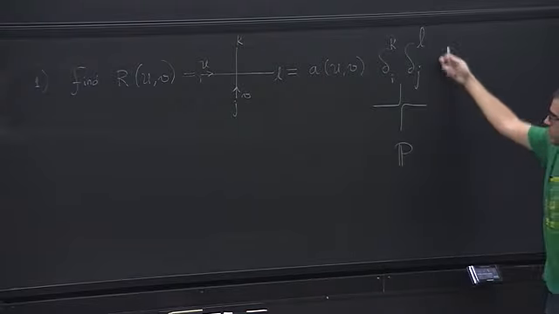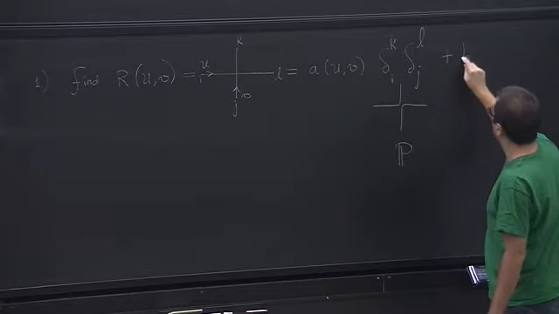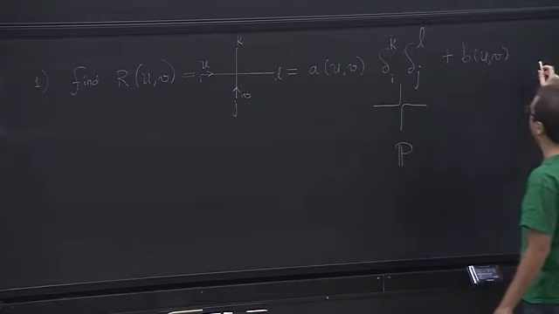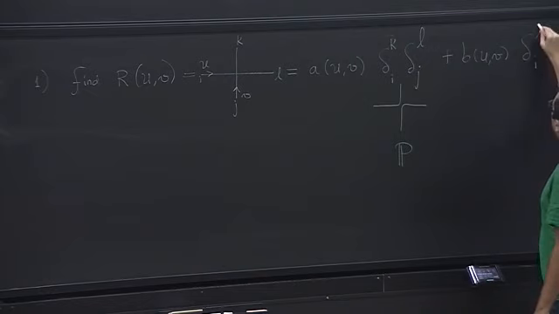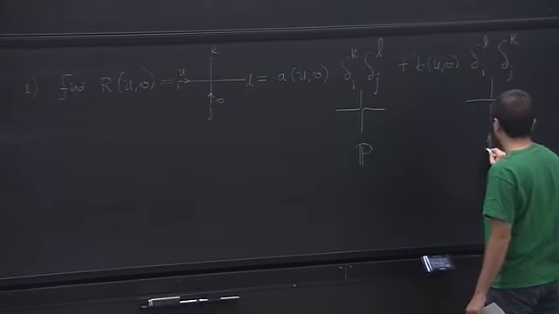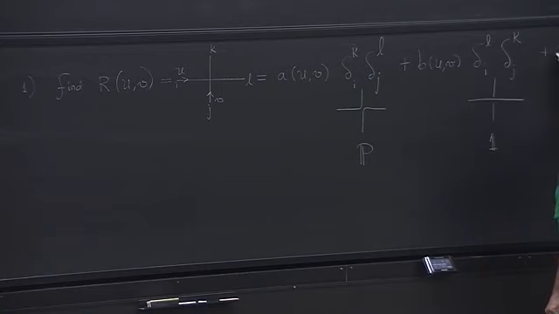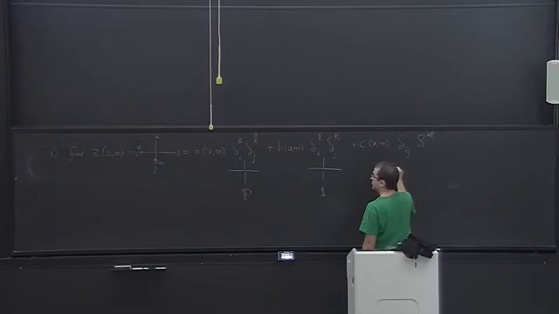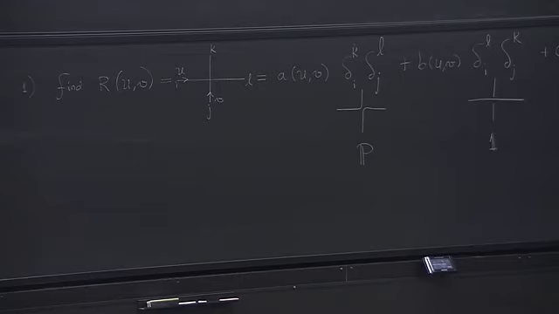You choose whichever you want to write. Plus B of U, V times delta I L delta J K, which would be the line just going through, the same as identity. Plus C of U and V times delta I J delta K L, which would be these two incoming indices annihilate, and these two create, which would be the trace.